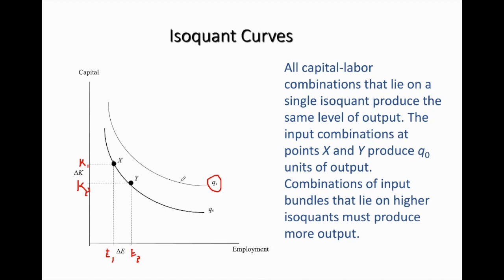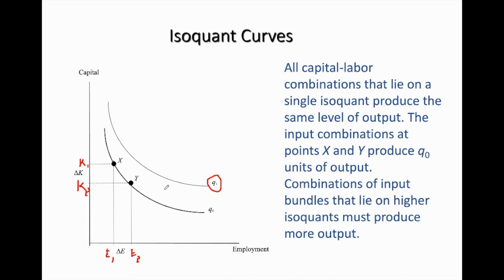It tells us that all points on Q1 mean the firm is producing more output as compared to isoquant Q0. And in order to produce Q1, the firm needs to hire more capital and also more labor, because Q1 lies above Q0. So this is the basic idea of isoquants.